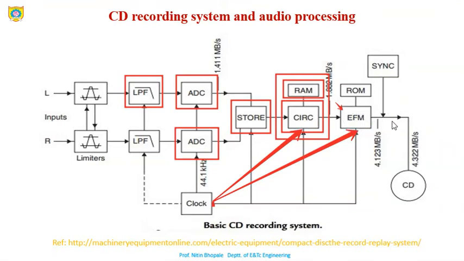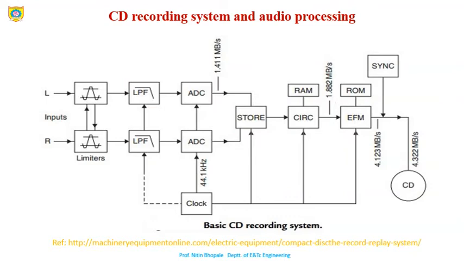This overall section has to be in synchronization, that is why the sync is mentioned here, directed towards the CD. This is where the speed of every stage is mentioned. At this last stage, we expect the data to be written at a speed of 4.322 Mbps, that is megabits per second.